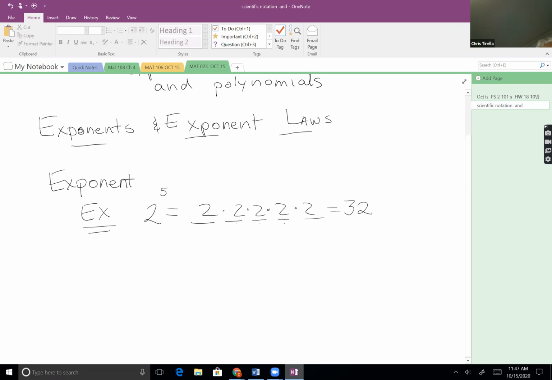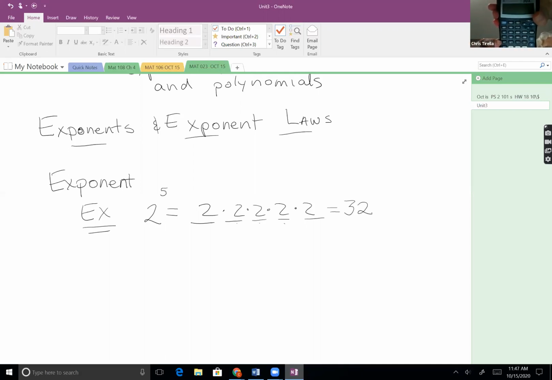Before we go too much further, does everybody know how to evaluate an exponential expression using their calculator? If you have a calculator kind of like mine, for exponents there is this caret up button.